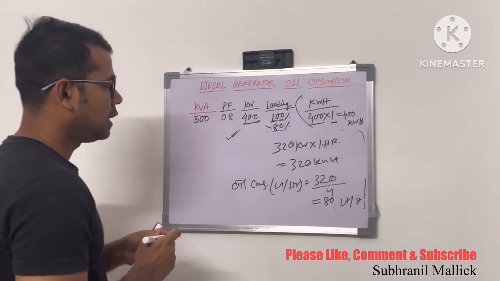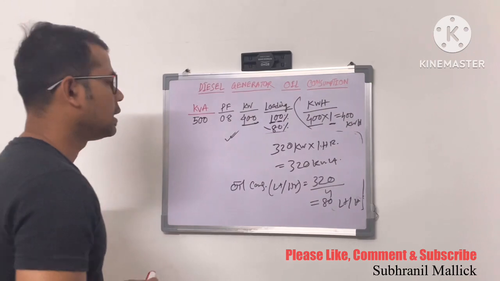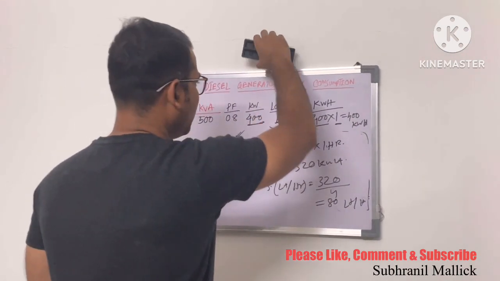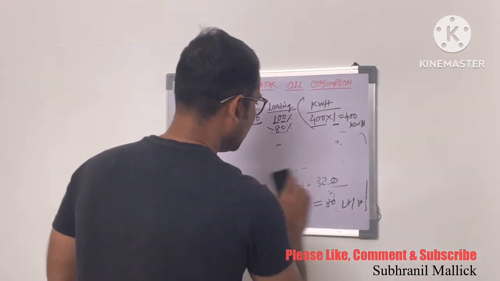If it is not mentioned, always consider 100% as the diesel generator loading condition. So during 100% loading, it is 100 liter per hour.